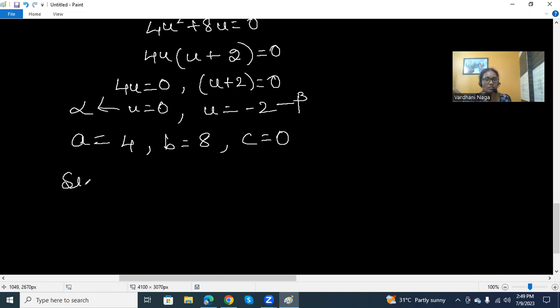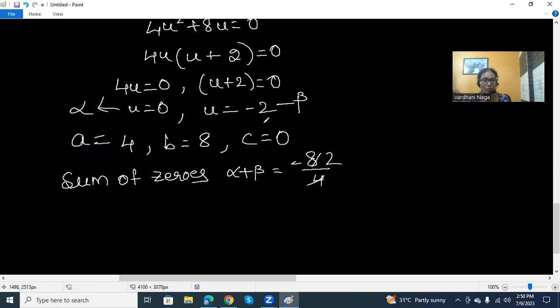So now, sum of zeros: alpha plus beta is equal to -8 by 4. Alpha beta values are 0 and -2. 0 plus -2 is -2, -2 equal to -2. Product of the zeros.